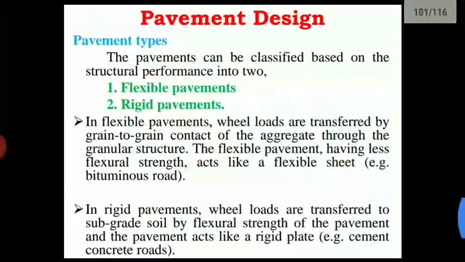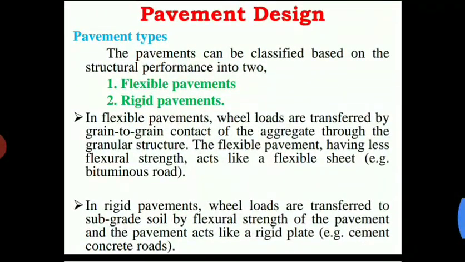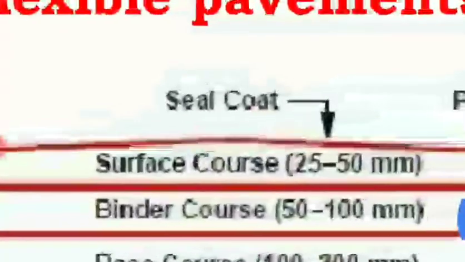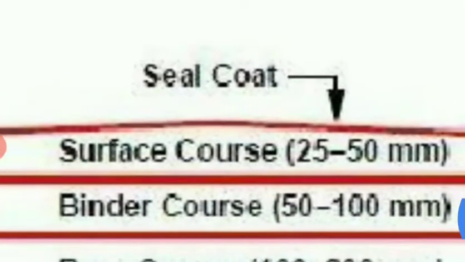And if you come to rigid pavements, here the wheel loads are transferred to the subgrade soil by the flexural strength of the pavement, and the pavement acts as a rigid plate, that is, cement concrete roads. Whatever the surface course you can see here, this entire surface course is made up of concrete, right?